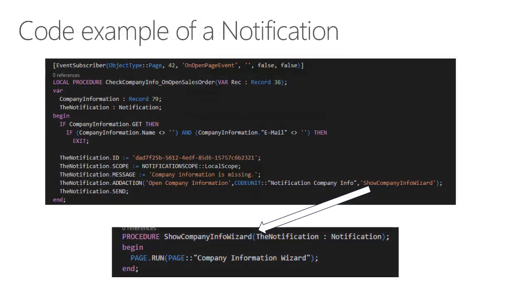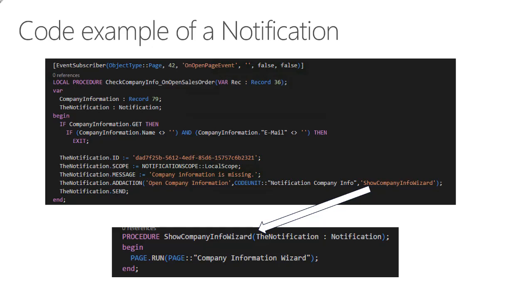A code example of one of these notifications is on page 42, the sales order page. I've subscribed to the on open page event, and the check company info on open sales order procedure then looks at the company information. If the name is blank and the email is blank, then you get a notification. The notification will add an action, and if you click on that, you run the codeunit notification wizard.